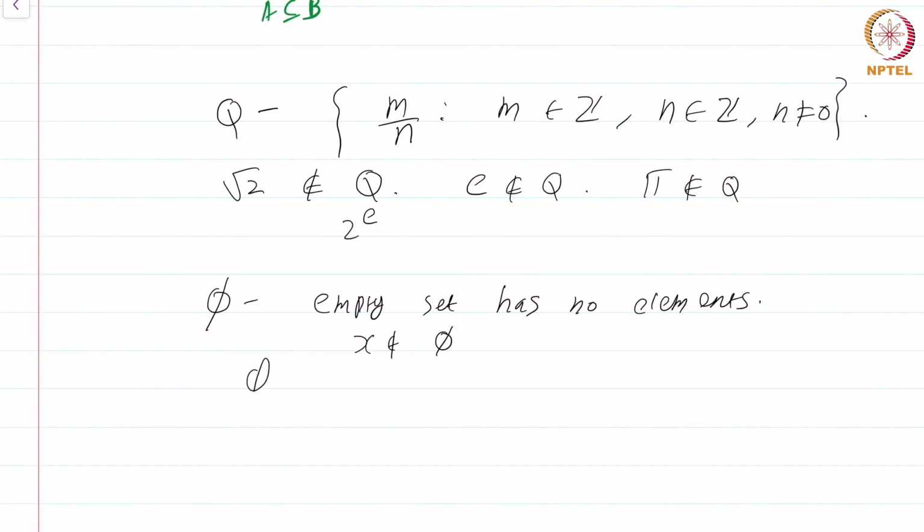Consequently, phi is a subset. Again, a word of caution: the way I have written phi now is wrong. The notation for the empty set is to be written like this, somewhat more digital. So this phi is a subset of A for all sets A. That means no matter what set you take, phi is a subset.